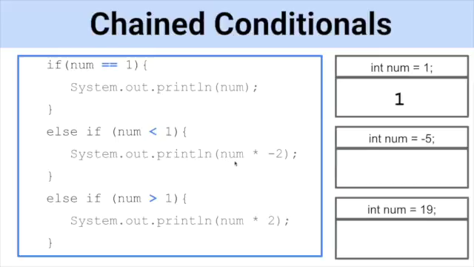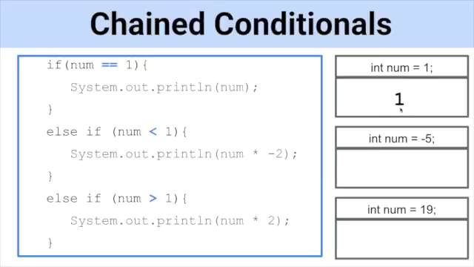And actually, just for space's sake here, I put these together, but I'd like you to use a variable to hold this value. But I'm going to take the num variable and we'll multiply it by -2. And that's what's going to print if it's less than 1. And if the number is greater than 1, it's going to take the number and multiply the number by 2. So let's try and go through the different options.